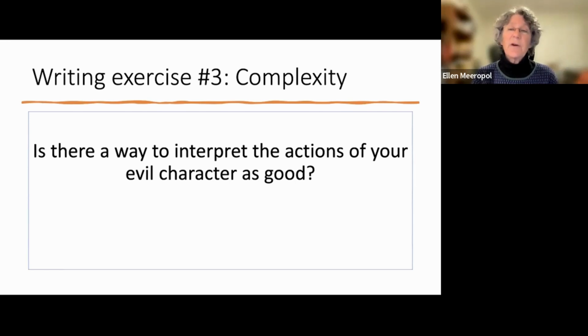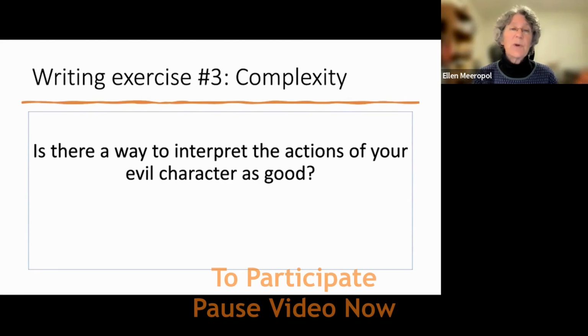Give us a very quick monologue from your evil character about why his or her actions are really not so bad. Perhaps why the protagonist deserves what he gets. Something that expresses the complicated feelings and situations of your story.